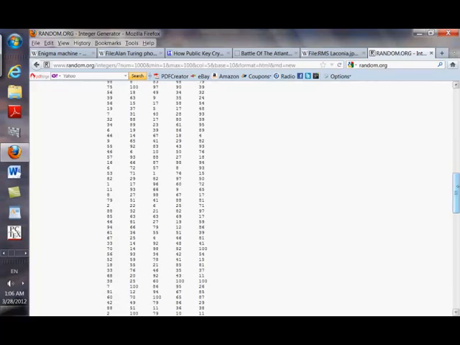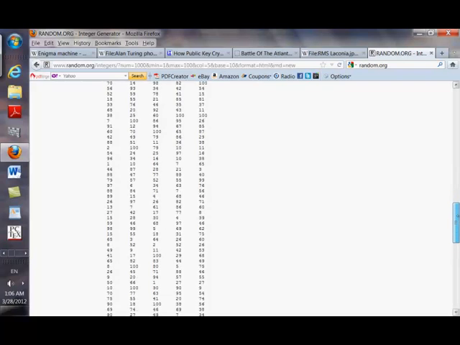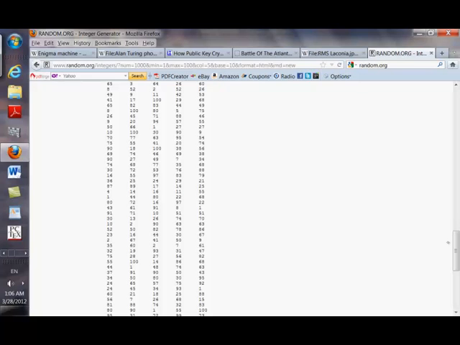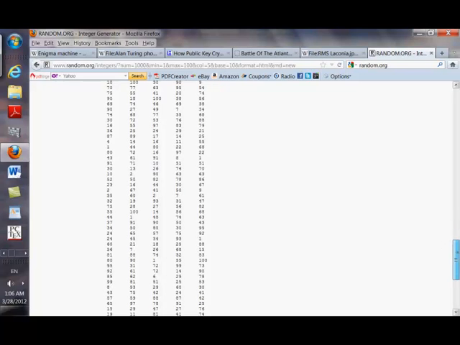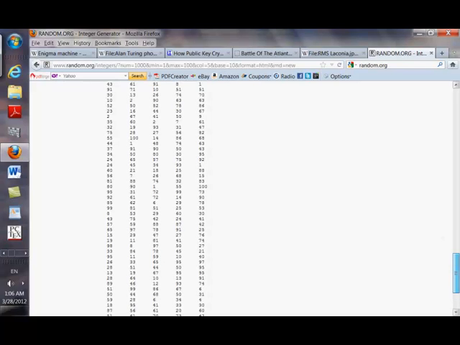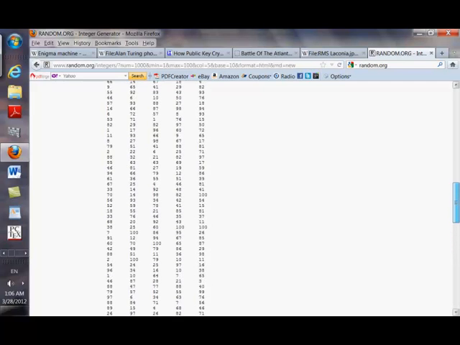Let's count per column. The first column doesn't have any 100. It appears on the very last column, the fifth column, actually 3 times.